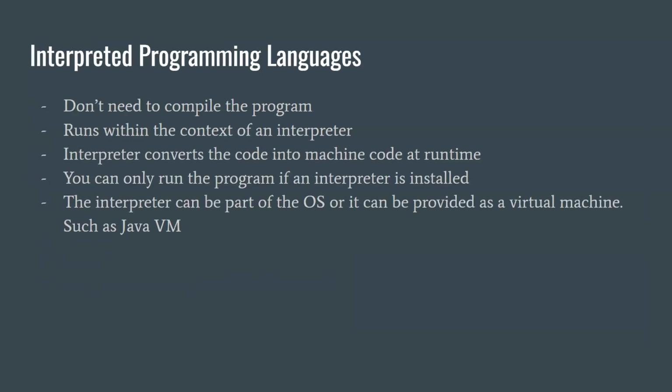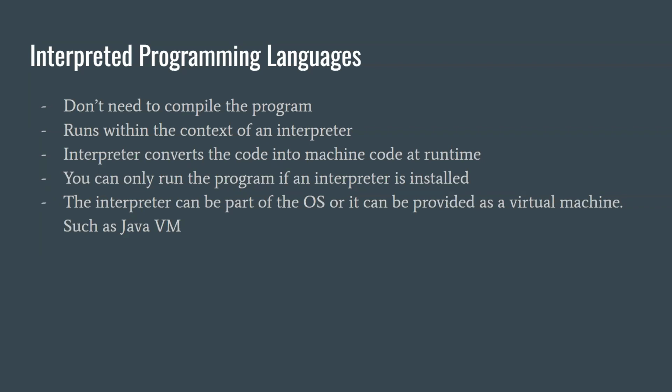Now we're on to interpreted programming languages. I guess the difference between compiled and interpreted programming languages is that you don't need to compile the program. It basically runs within the context of an interpreter, and the interpreter converts the code into machine code at runtime.